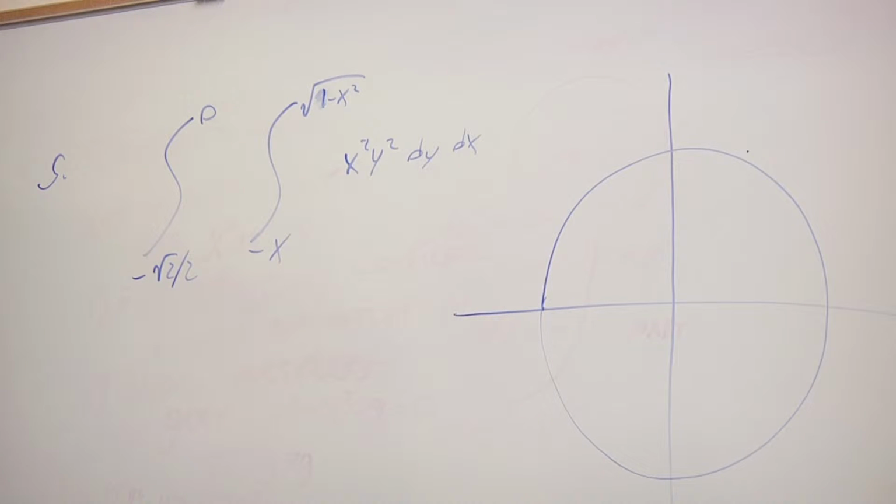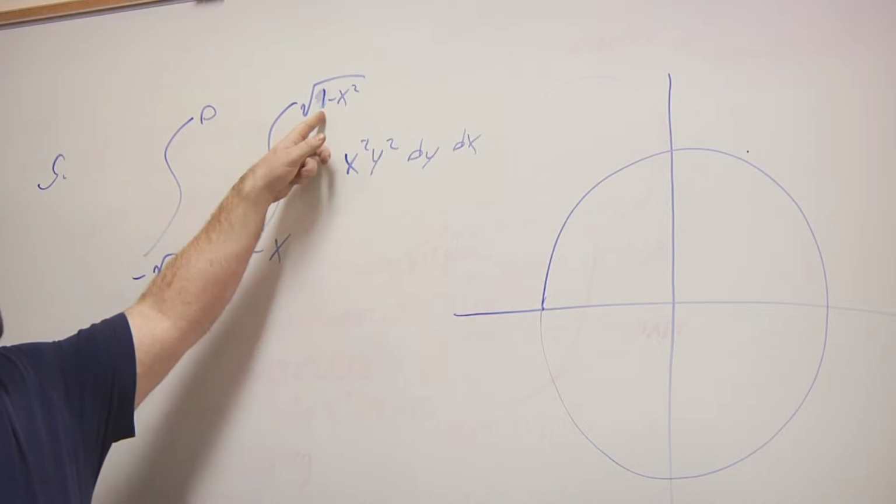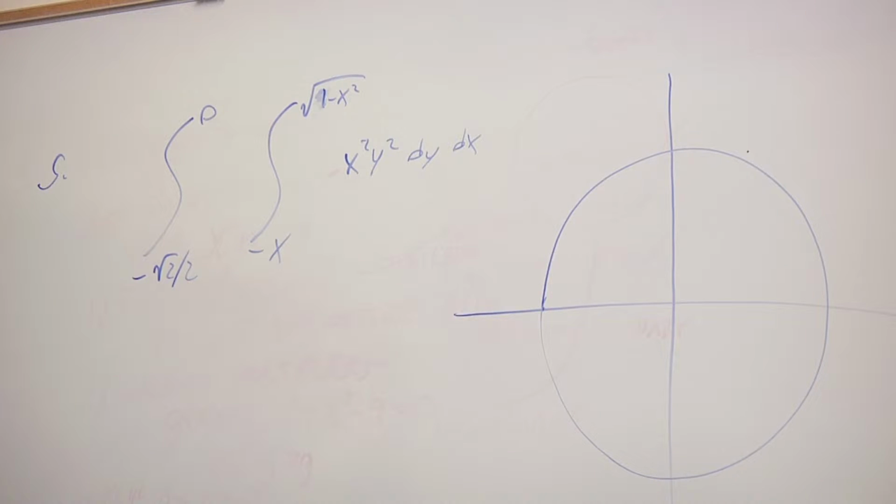So we already have this value of minus square root of 2 over 2 here, y going up to the square root of 1 minus x squared. So this suggests you're dealing with a circle of radius a, or radius 1 in this case.